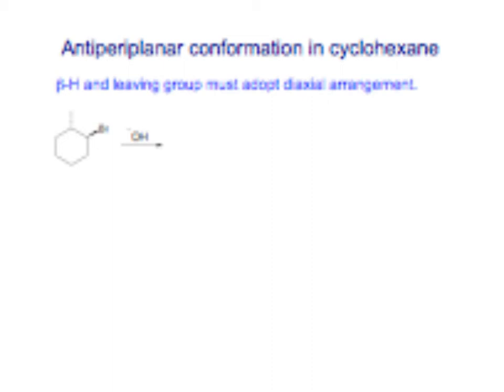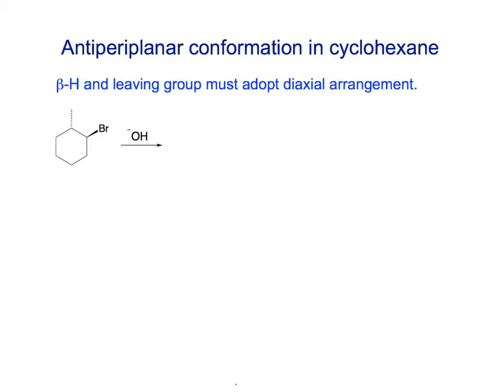What we have to do is draw the cyclohexane ring in a way that we can analyze the angle between the bromine and the hydrogen. And the easiest way for us to do this is to draw the cyclohexane in a chair conformation. So we have to remember how to do this. I'm just going to pick one of my chair conformations.